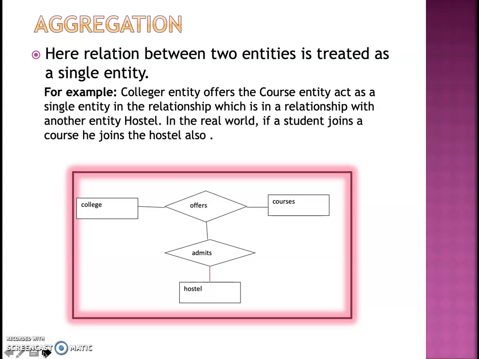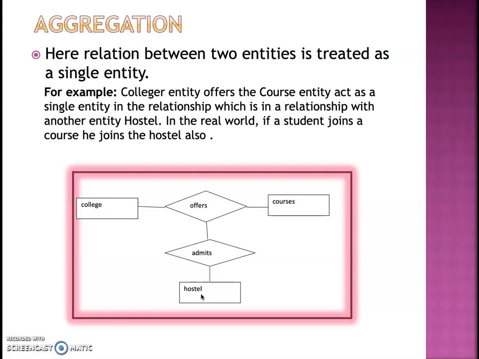Aggregation. Here, the relation between two entities is treated as a single entity. For example, college entity offers course entity. This is a single entity. But there is another relationship. College offers admission to hostel.